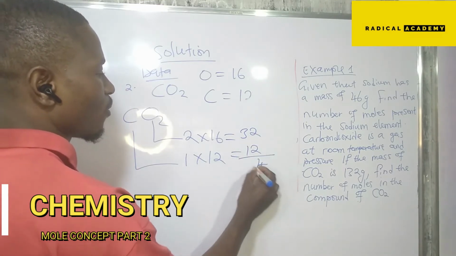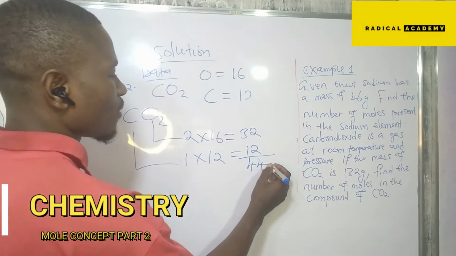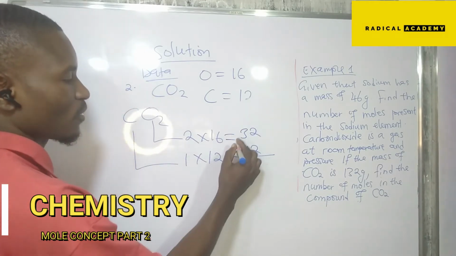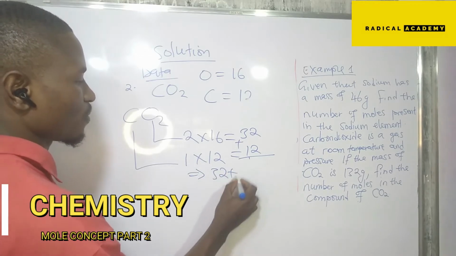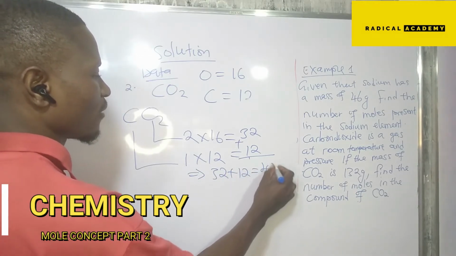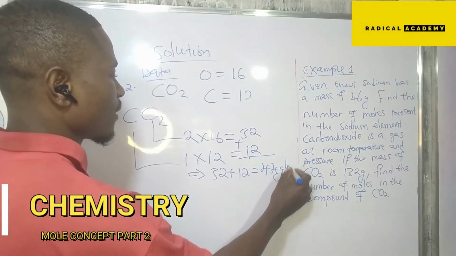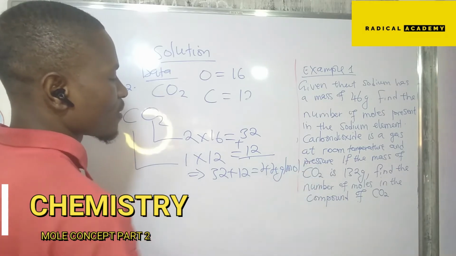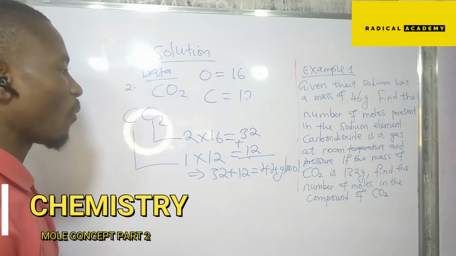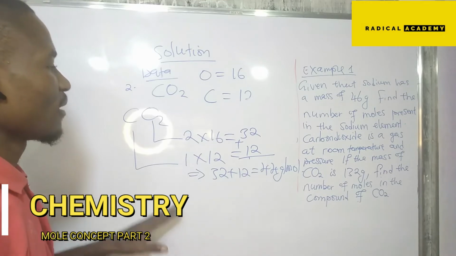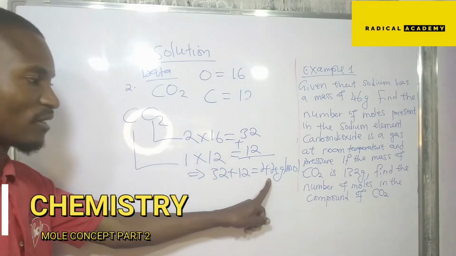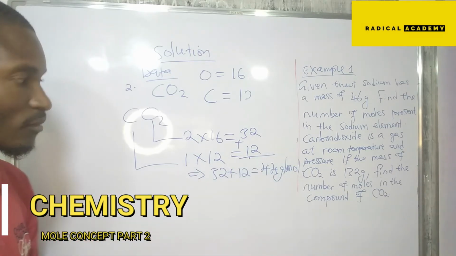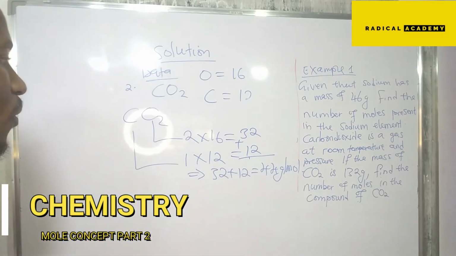After you do that, you add them: 32 plus 12, we have 44 grams per mole. Since you are looking for the total mass of this one thing, it is 44 grams per mole.